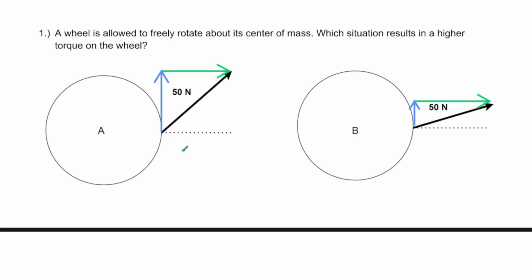So it's only the blue part of the 50 newtons that's causing rotation. And since it's the same force along the hypotenuse, well, if A has a longer blue perpendicular component, it must be generating more torque. So again, it's case A because F perpendicular is larger in case A.